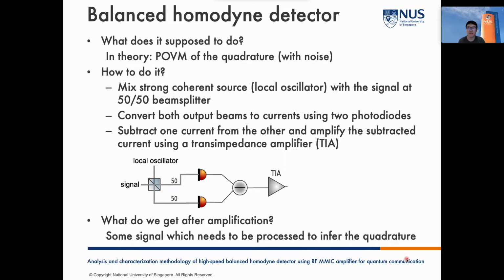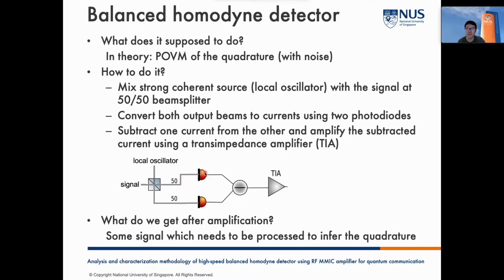Balanced homodyne detector realizes a measurement of the quadrature of an electric field, with a noise term which corresponds to the efficiency of the process. How people typically do it is by mixing a strong coherent source, which we will call the local oscillator, with the signal at a 50-50 beam splitter.